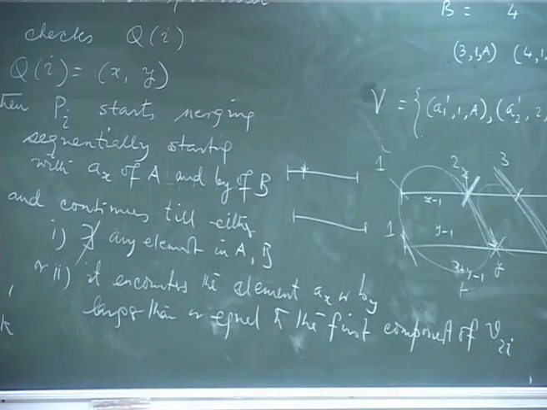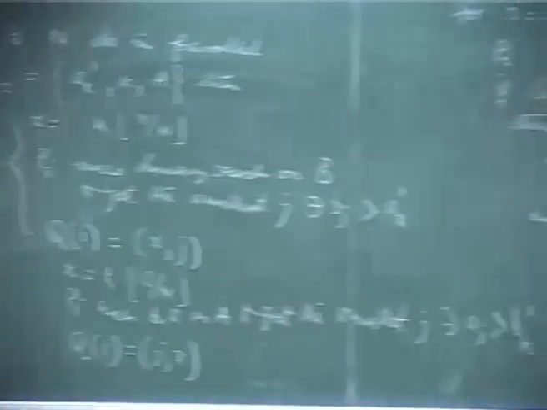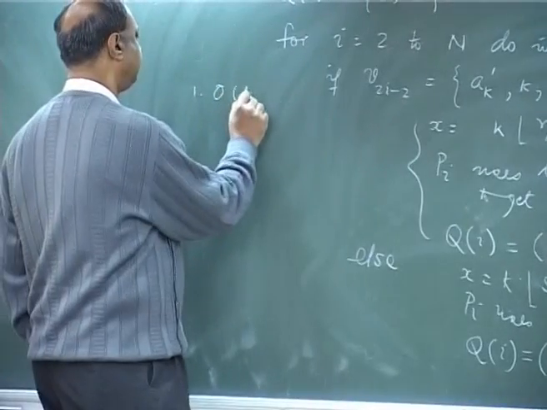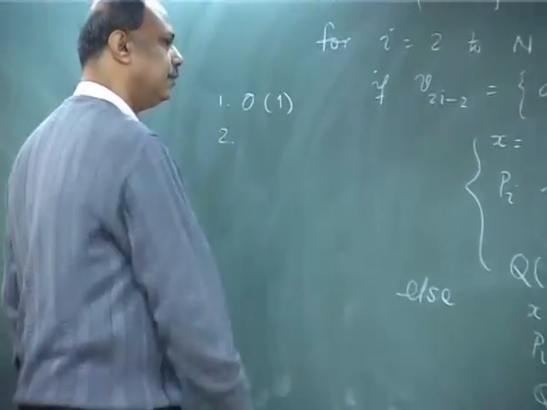So first let us analyze and determine the time complexity, and then we will see with the help of one example how it works. In step 1, you have divided into n-1 groups, which takes order 1 time. What is the second step?